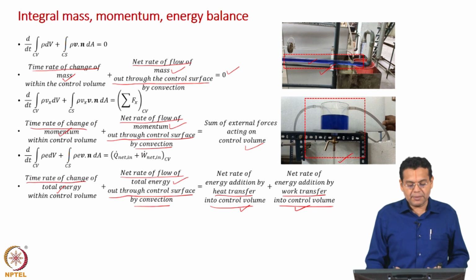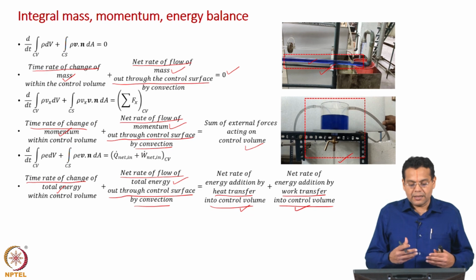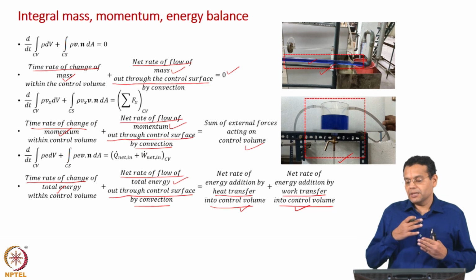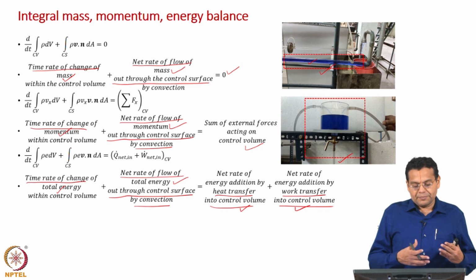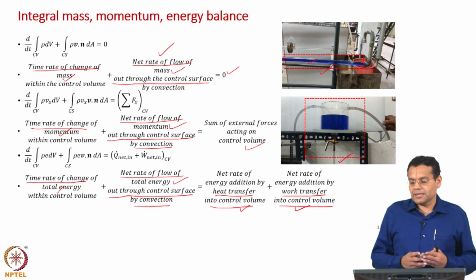If we keep this in mind, it becomes very easy to understand all the integral balance equations, and the relationship between them as well. And this viewpoint that if you look at a stream it carries total mass, momentum, energy, that viewpoint helps us to write especially the second term on left hand side, because that is by convection.